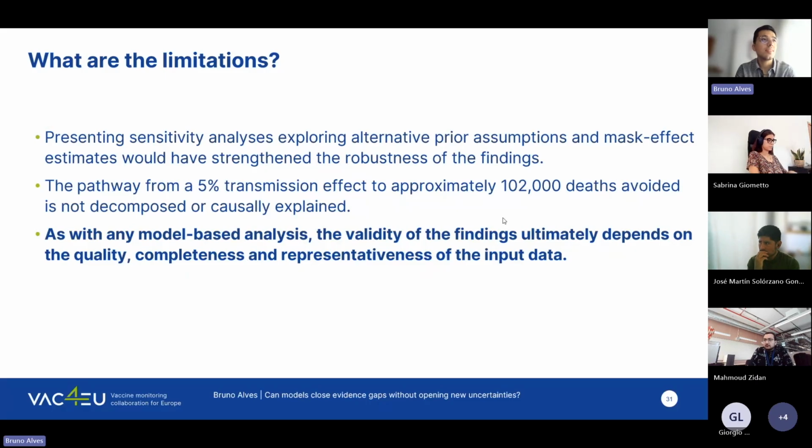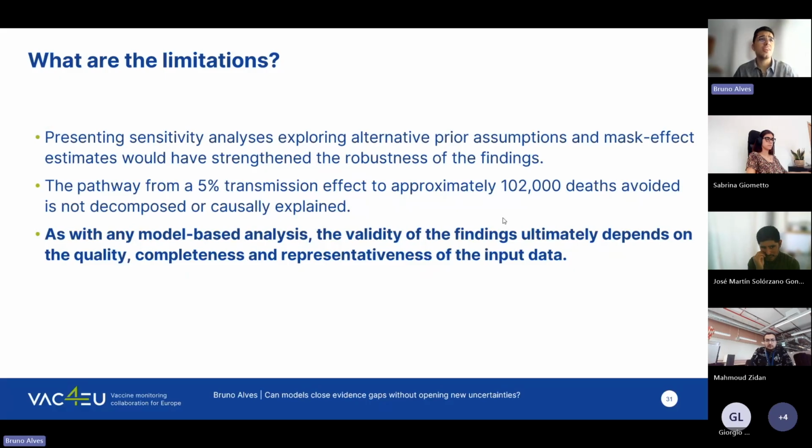And one thing that I would like to understand better is the transformation of a 5% transmission effect into 100,000 deaths avoided. Theoretically it's plausible, but it would have been interesting to causally understand this mechanism a little better.